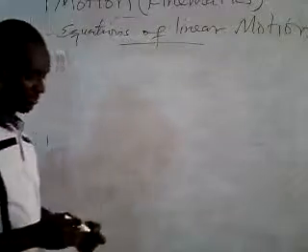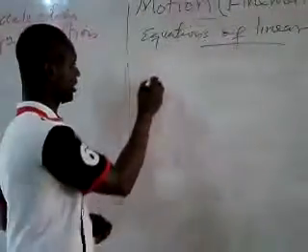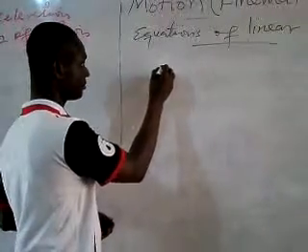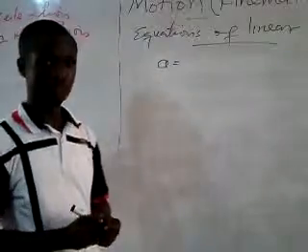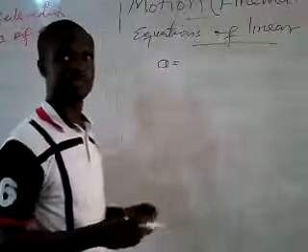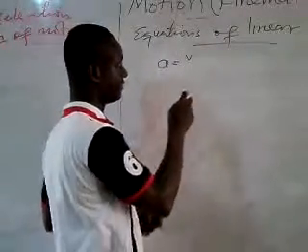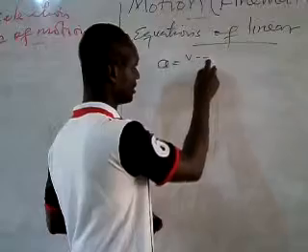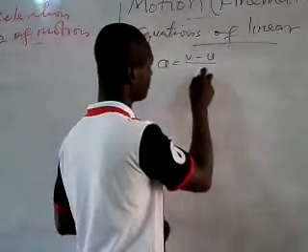From the definition of acceleration, we know that acceleration a is equal to change in velocity over change in time. And change in velocity simply means final velocity, which we shall use v to represent, minus u, which is initial velocity, over time t.